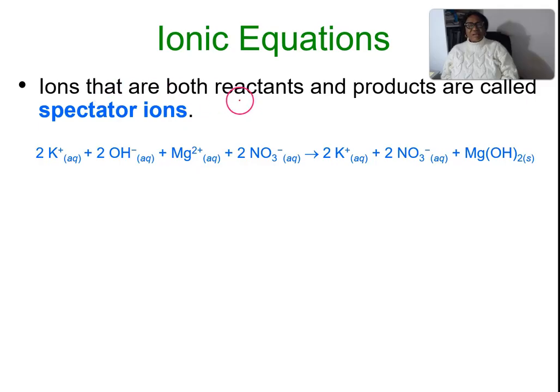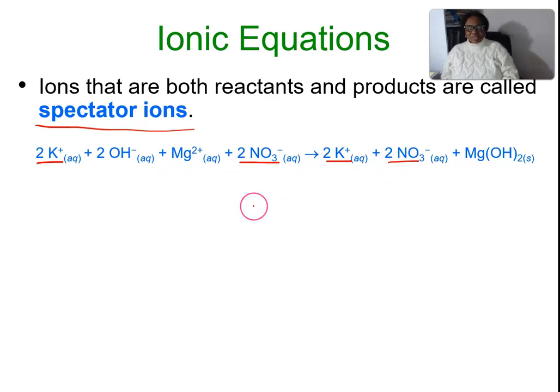Ions that are both in the reactant and products in the ionic equation are called spectator ions. So for example, let's look at this. You see potassium. You find it in the reactant side and the product side. Then you see nitrate. You find it in the reactant side and the product side.